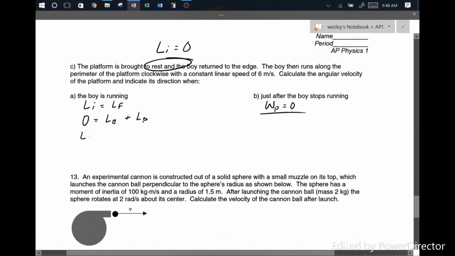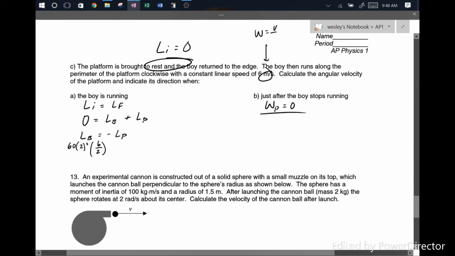That's going to tell me that the angular momentum of the boy is equal to the negative angular momentum of the platform. The boy's angular momentum is his rotational inertia, which is the mass of the boy, 60, times his radius, 2 squared, times omega. The omega for the boy is 6 over 2. That's the speed.